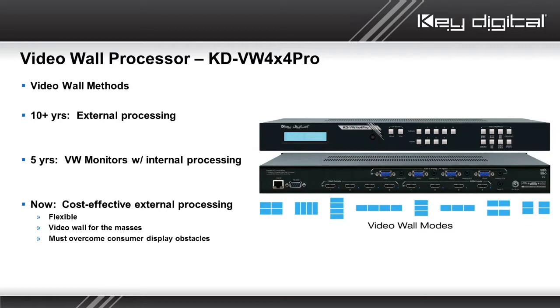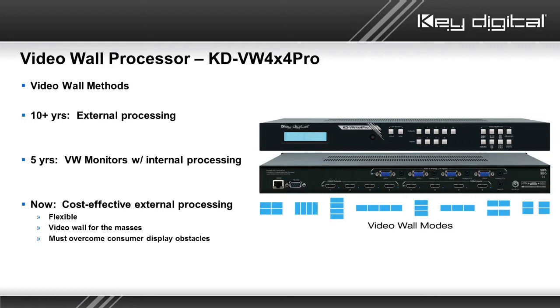Of course, you'll want to reach out to your KeyDigital sales rep for more information on pricing. Now, KD-VW4x4 Pro is a 1080p video wall processor. The maximum input resolution is 1080p, and it's going to output 1080p to each monitor.